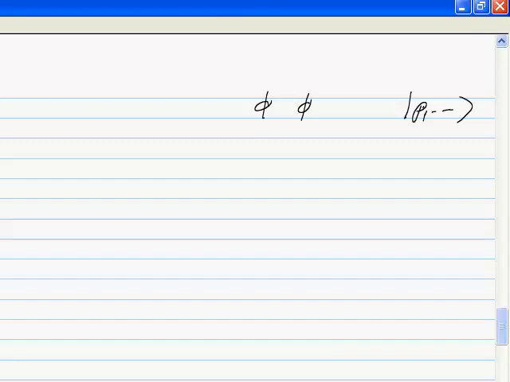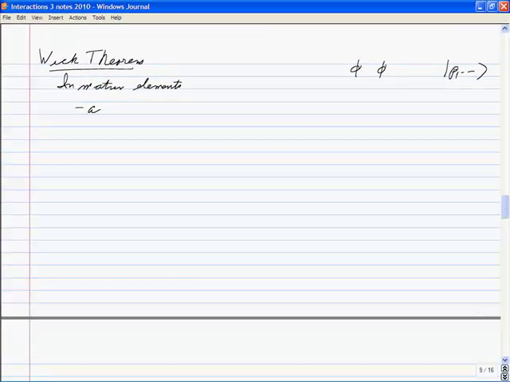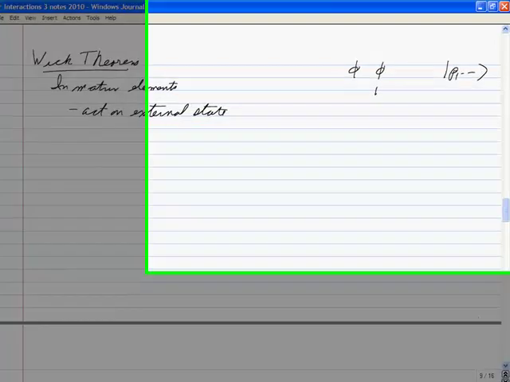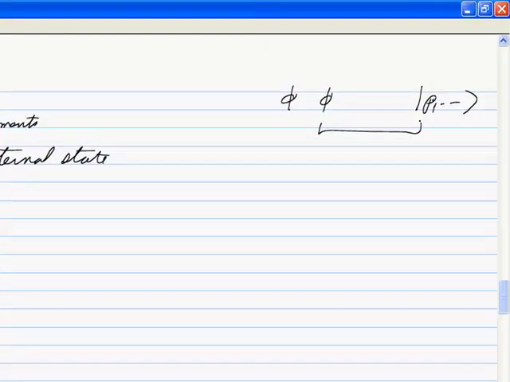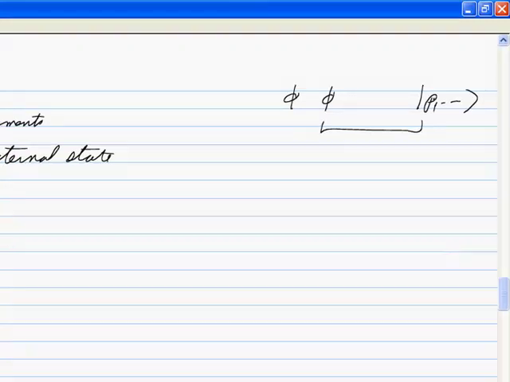These fields have one of two things they can do. They can either act on the external state, so this guy could annihilate that, and the other guy could create something else.